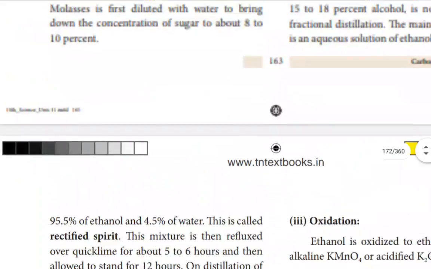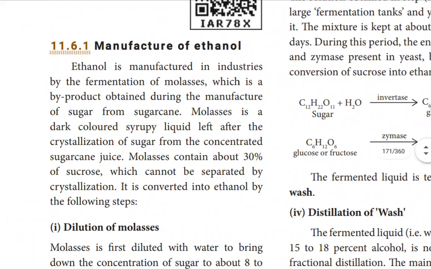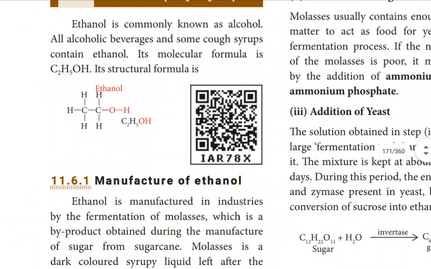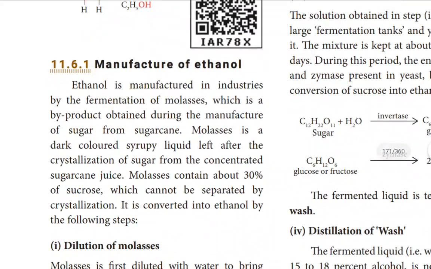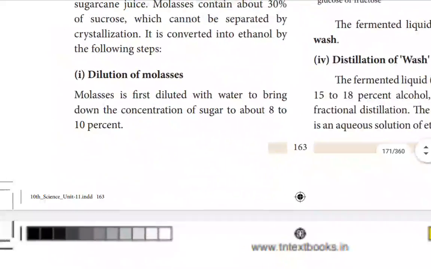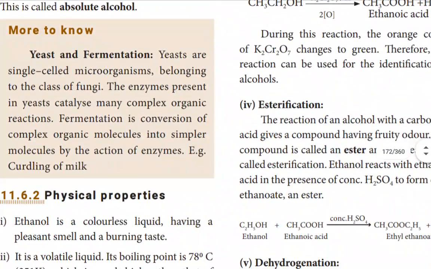So my dear students, this is a simple topic, the manufacture of ethanol. You have to know the molecular formula, C2H5OH, and the basic principle is fermentation. What is called fermentation? There is a definition also given here. Yeasts are single-celled microorganisms belonging to the class of fungi. So this single-celled microorganism contains enzymes like invertase, zymase, maltase.